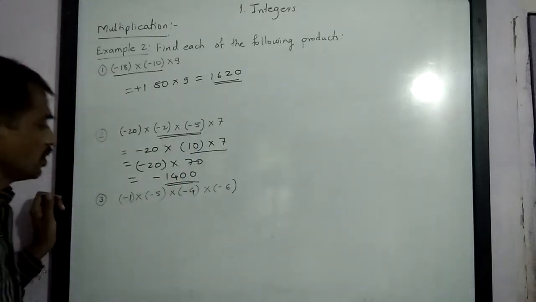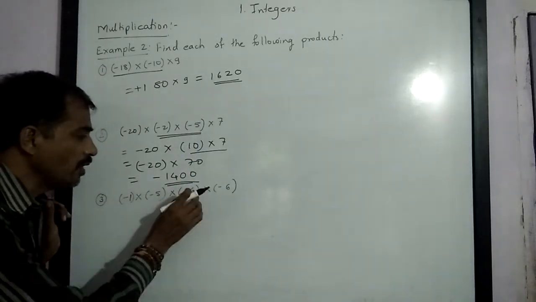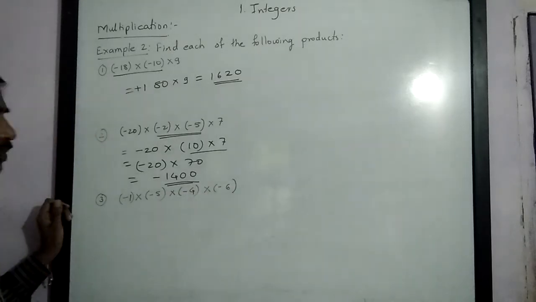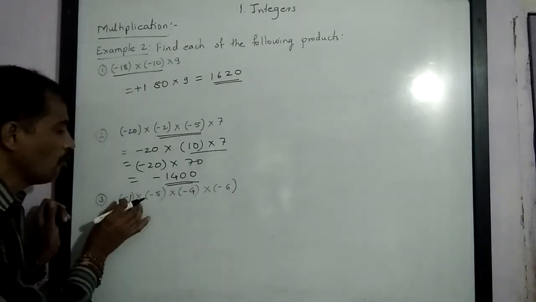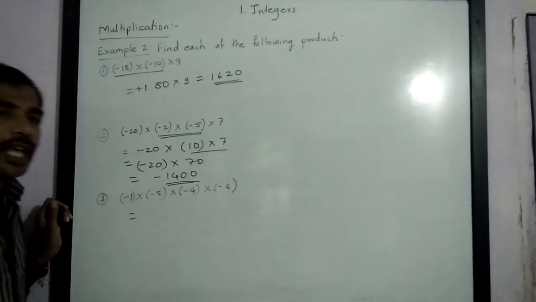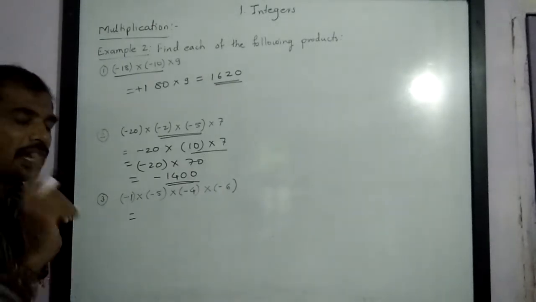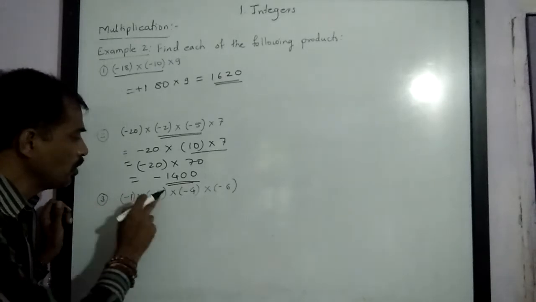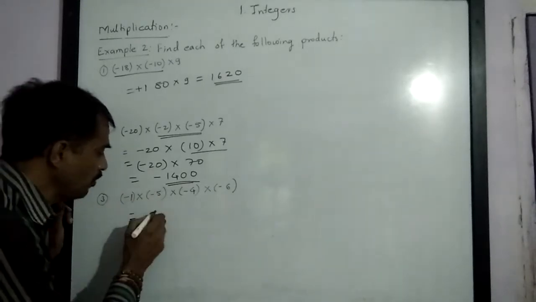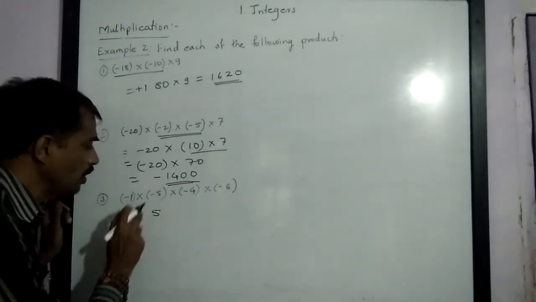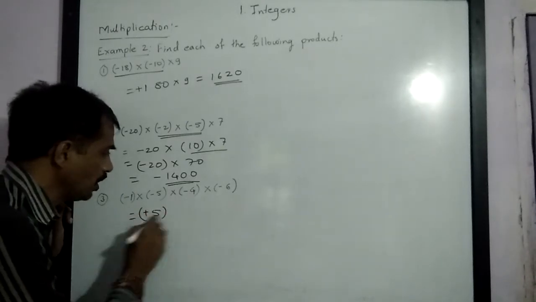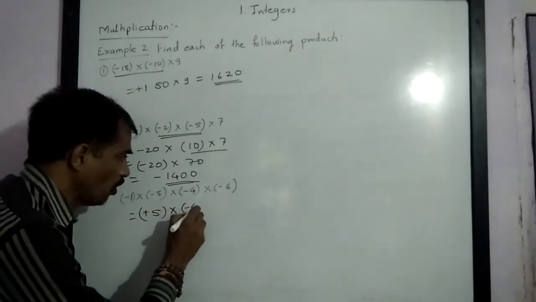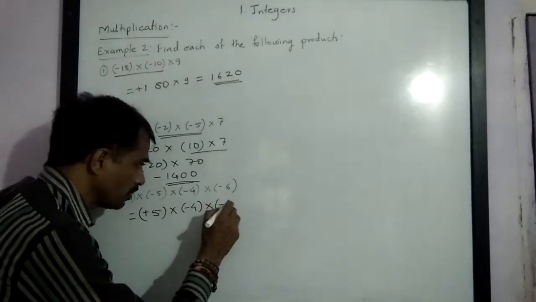Now let us solve the next question. Negative 1 into negative 5 into negative 4 into negative 6. Please note, 4 integers are negative. Hence our last answer will be positive. This negative 1 into negative 5, 5 ones are 5 and negative into negative is positive. So this is plus 5 multiplied by negative 4 multiplied by negative 6.